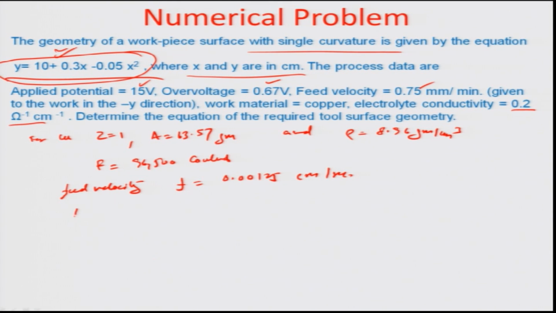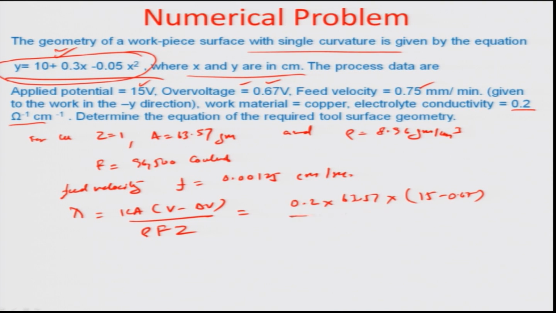We find that lambda equals K A times V minus delta V divided by rho times Z times F. We can calculate this lambda value as 0.2 times 63.57, the atomic weight, times 15 minus the overvoltage potential, which in this case is 0.67, divided by the material density 8.96 times the dissolution valency, which is univalent in this case, times the Faraday constant.